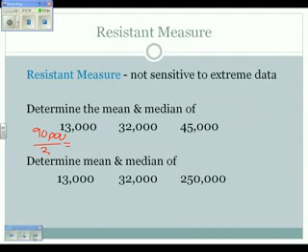And we divide that by 3, and we would get 30,000. So the average here is 30,000, the mean. And then the median is what? The 32,000.